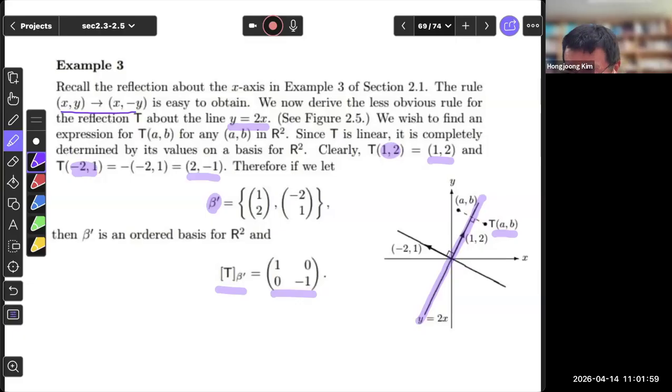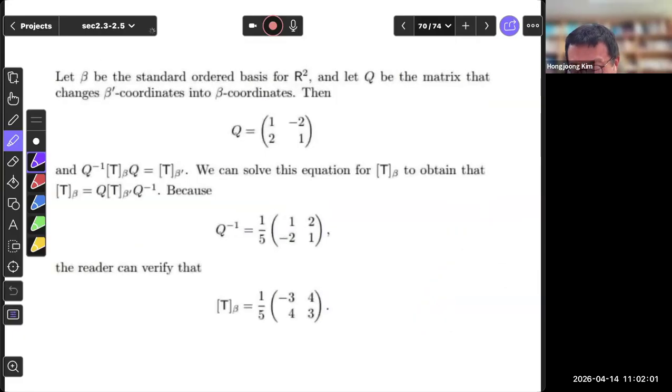Okay? So if I use the theorem, given this beta, the standard basis, and beta prime, this newly obtained vector, then I can find the Q, and I can also find Q inverse as well.